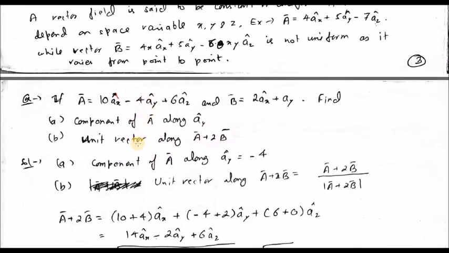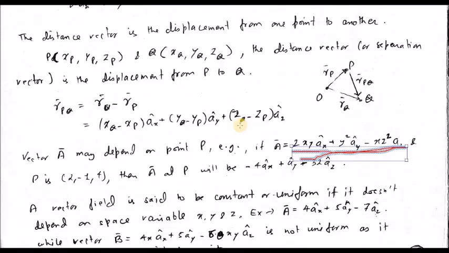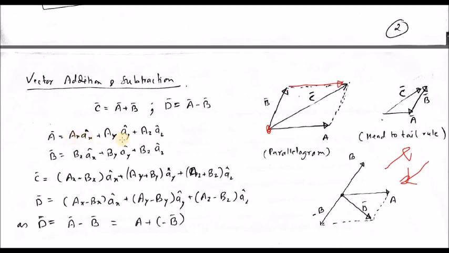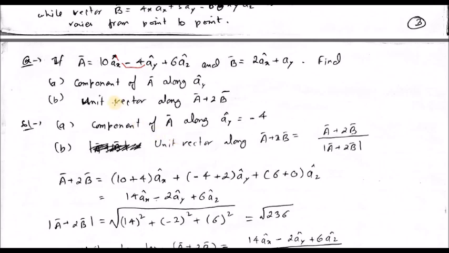To find the component of A along ay, from this equation I can say the component of A along ay is minus 4, because the format is ax plus ay plus az.